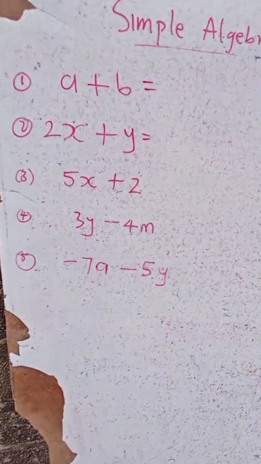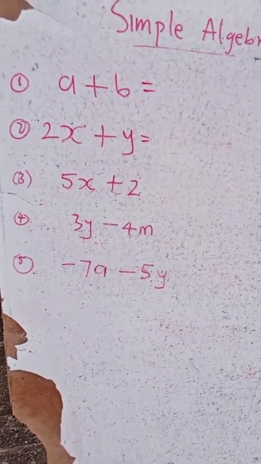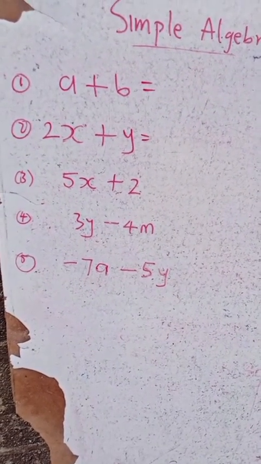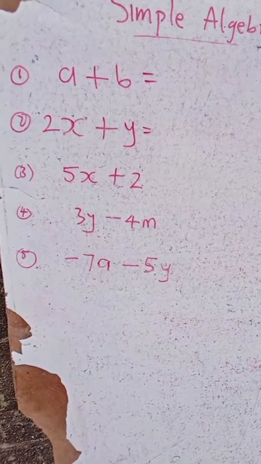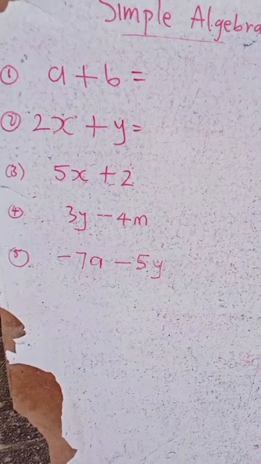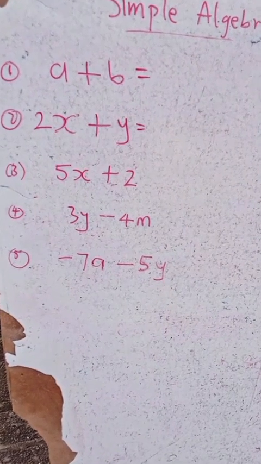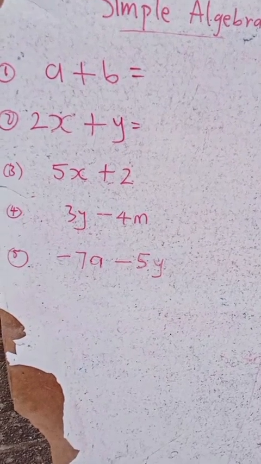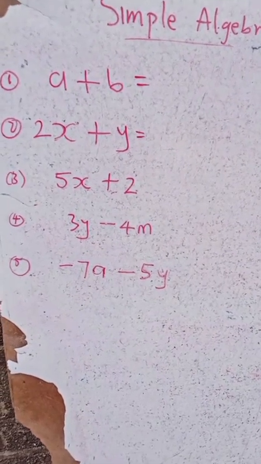You cannot subtract, you cannot add, and you cannot divide different alphabets, but you can only multiply them. When they are different, you cannot add, subtract or divide them, you can only multiply them. The rule is simple. Okay, let's attend these questions.